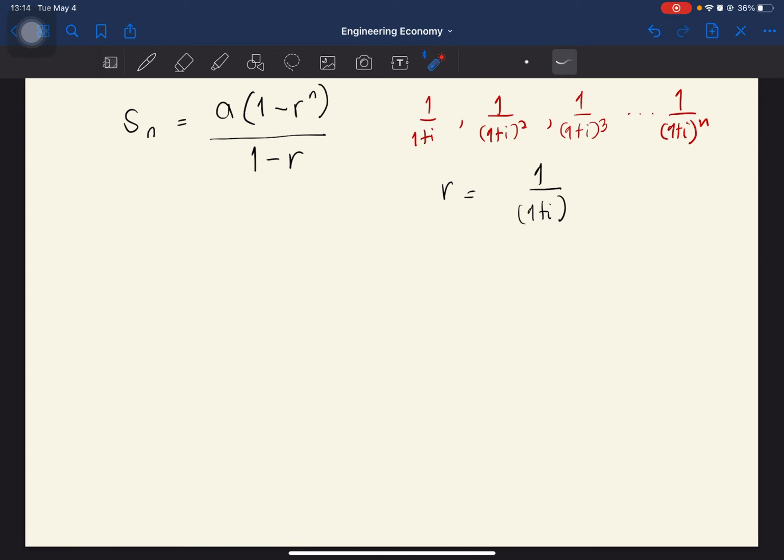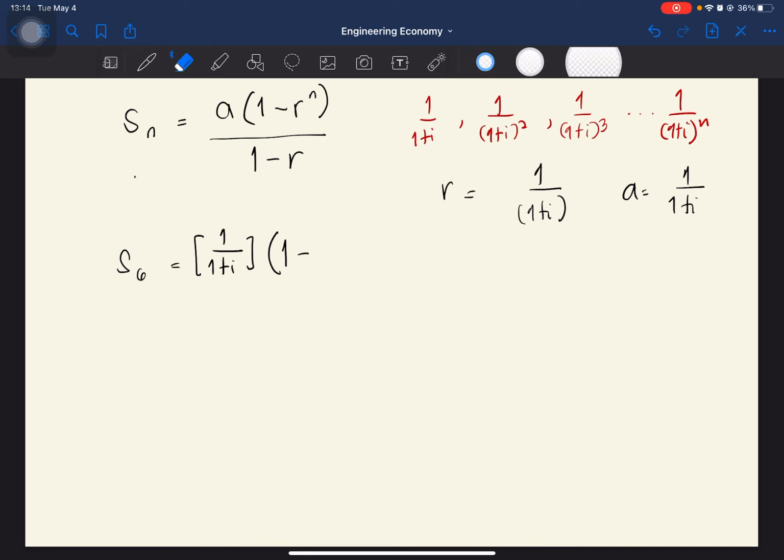Okay? So, paano natin siya gagawin? Siyempre, yung A natin, first term is 1 over 1 plus i. Okay? So, let's try to get the sum of that first 6 terms. So, A natin is 1 over 1 plus i. Okay, ito yun. And then, your next 1 minus r.